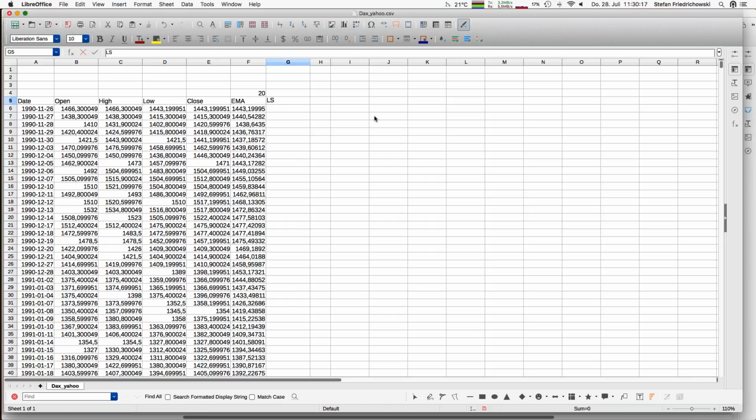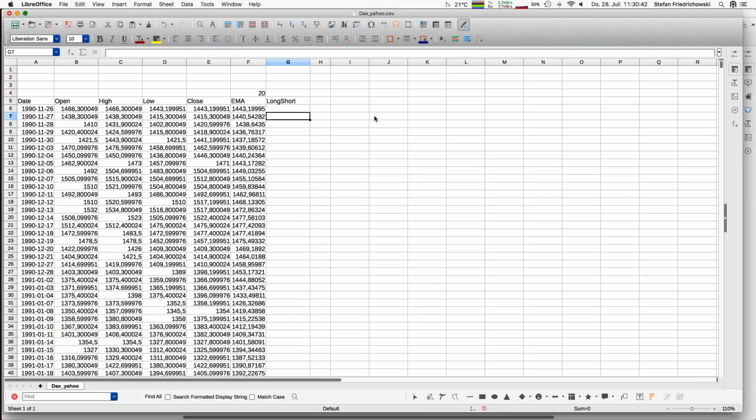And now we want to know, are we invested short or long? Let me write it a little bit longer. So whether we are long or short, and I go already here into the second line because later you will see that we have to know the previous one, and we don't have a previous on the first.